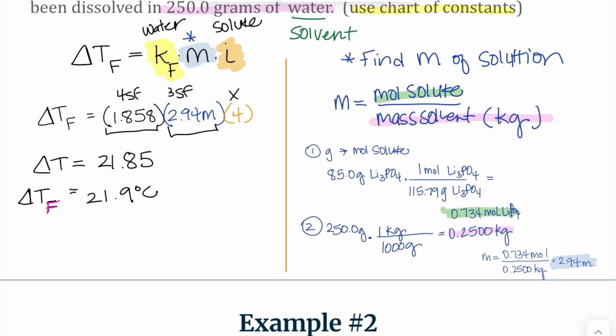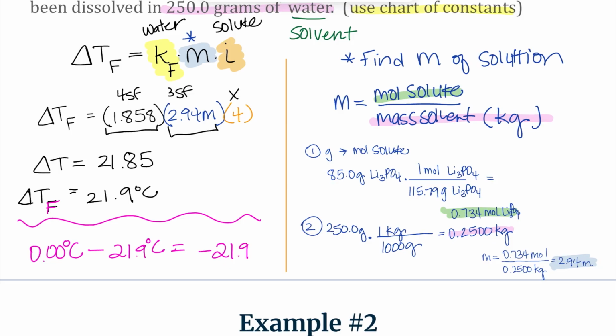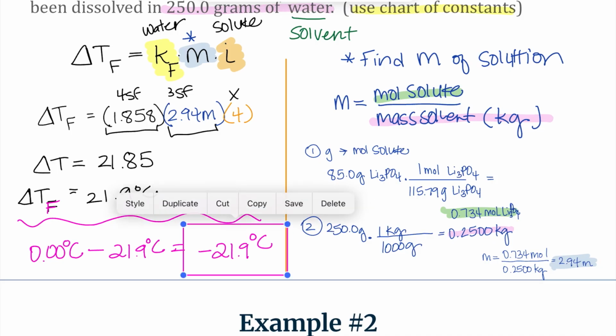And so we're going to take that normal freezing point of water, so 0.00 degrees Celsius, and subtract off that 21.9 degrees Celsius. And so then we are going to get negative 21.9 degrees Celsius. That is the new freezing point for that solution.